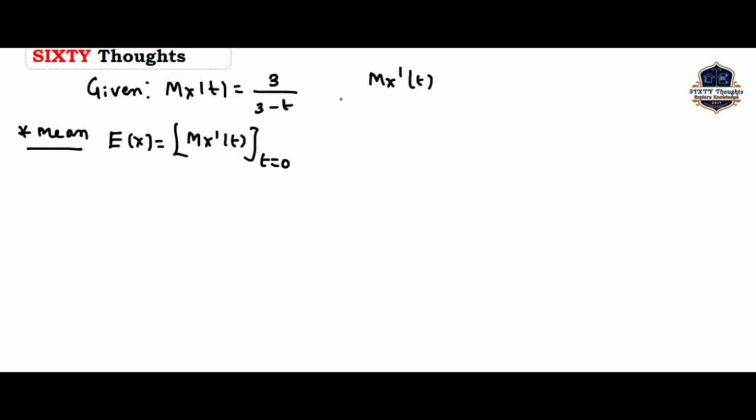We have two different methods here. I will apply the u by v formula. Consider this is u, this is v. We know the u by v formula: we write v square, so v is 3 minus t, so v square. Now we consider v as it is, that is 3 minus t. What is u?